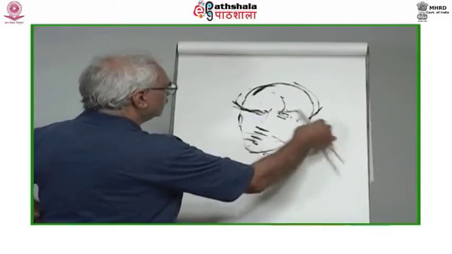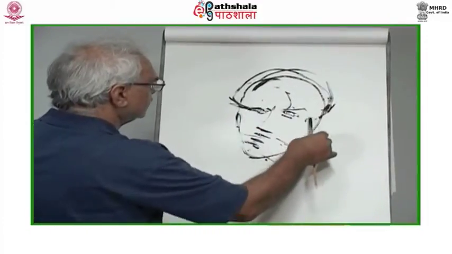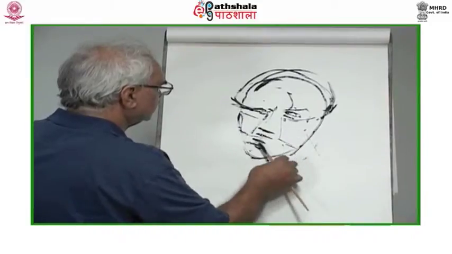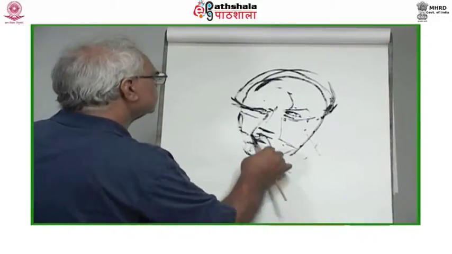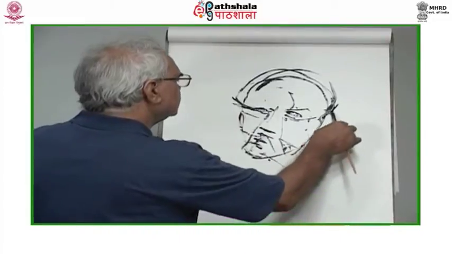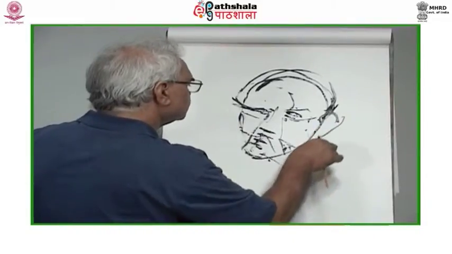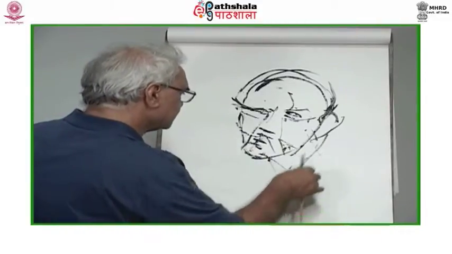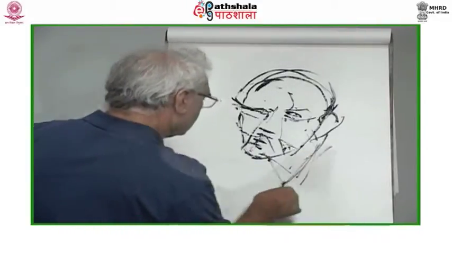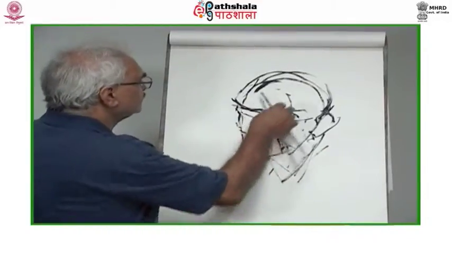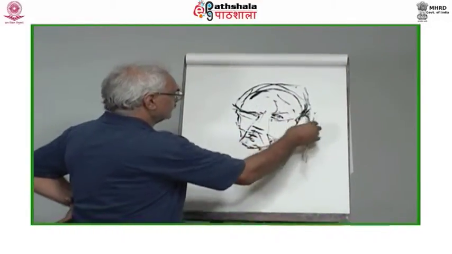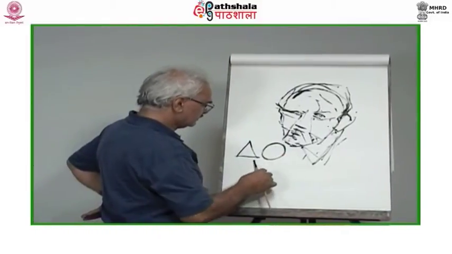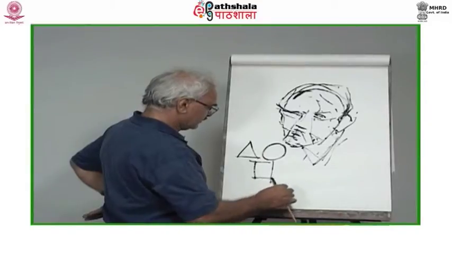The main objective of this lesson is to help the student differentiate between forms and shapes. The play of shapes is responsible for the changing form of any object. Observing various human figures and faces will establish this further.